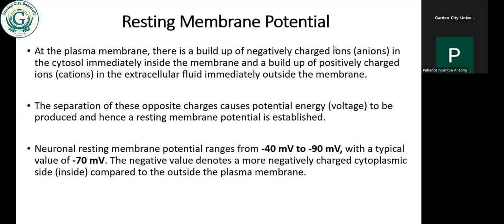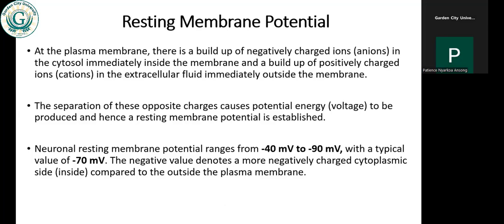The resting membrane potential, in summary, explains that the inside of the cell is more negatively charged than the outside. So we are talking of the nervous system: the inside of the neuron is more negative than the outside. That doesn't mean the outside is not negative, but the inside is more negative than the outside.